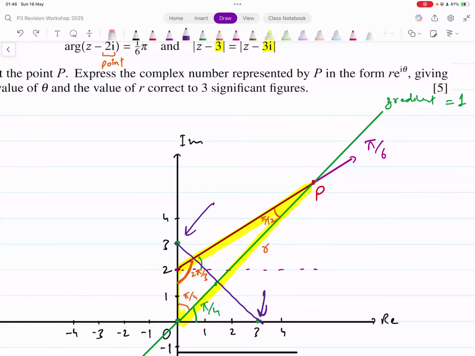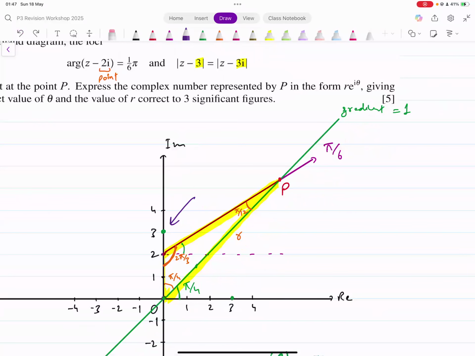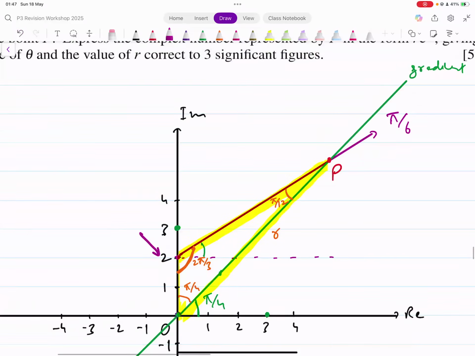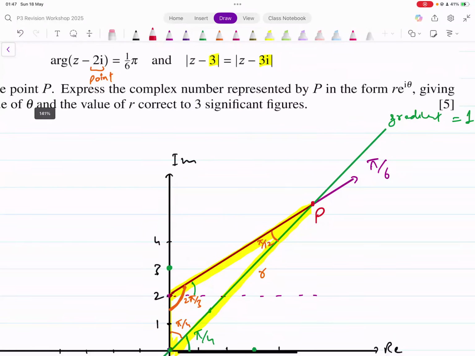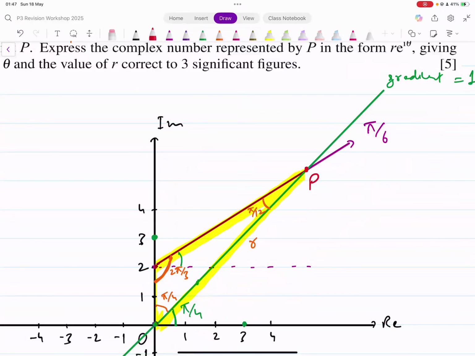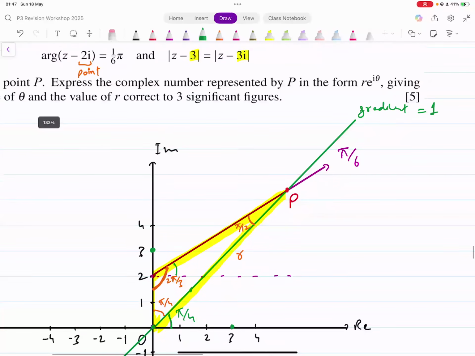So when you draw the perpendicular bisector, it passes through the midpoint and passes through the origin because of it being perpendicular to that. This is one locus that you have. The other is that the argument of z minus 2 iota, what's the point 2 iota? This is the point 2 iota. From this point, the argument is supposed to be pi over 6. You draw a 30 degrees line from that. That does not have to be very accurate, the 30 degrees line. That will be approximate, and that's okay. So this angle is pi over 6.